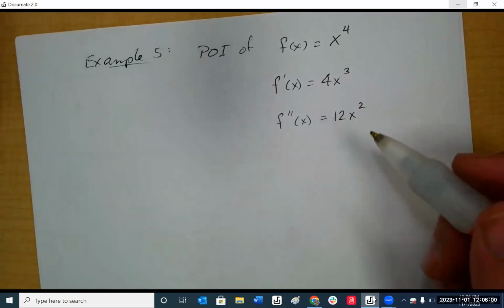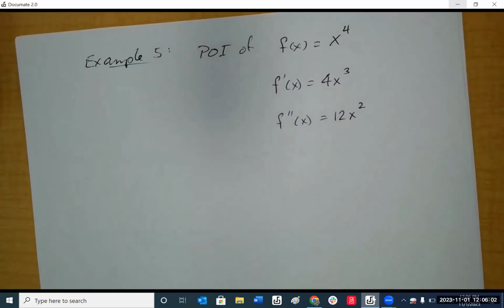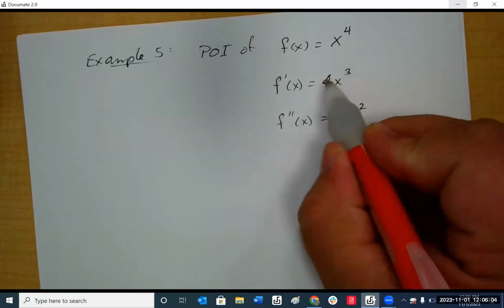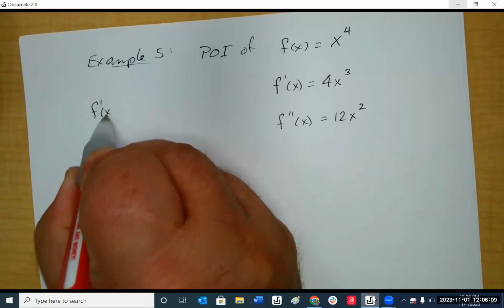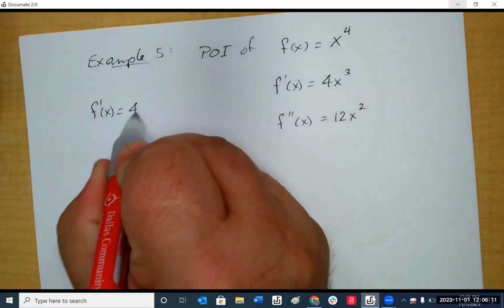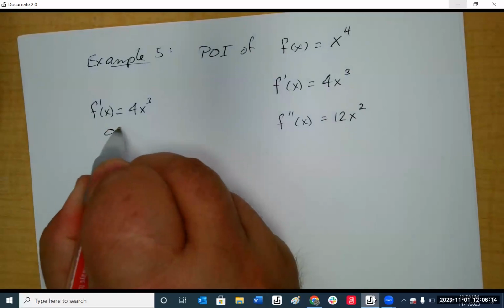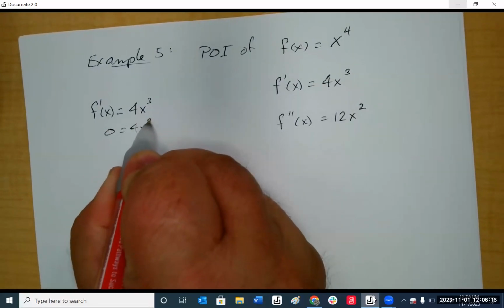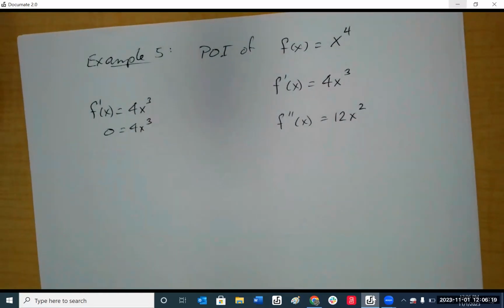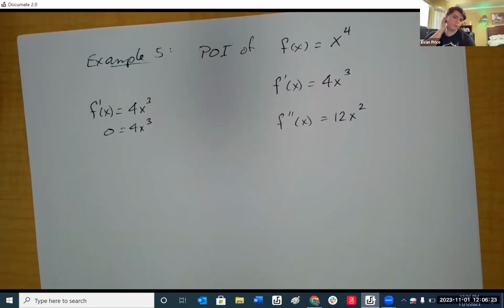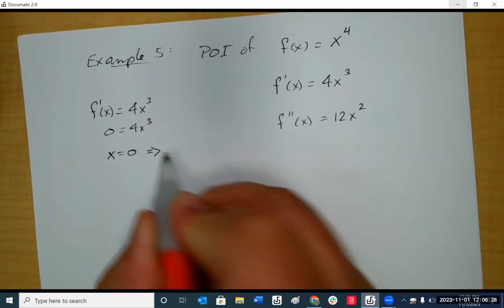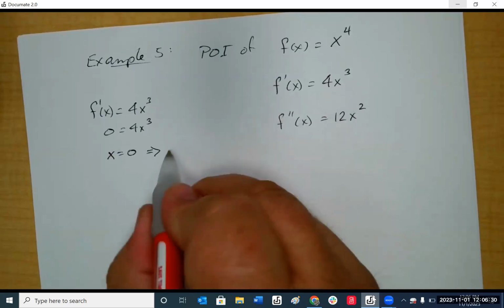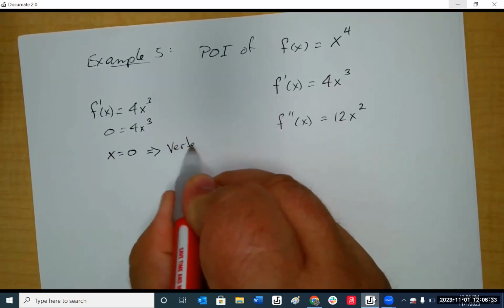Okay, so this is another interesting one. If we set the first derivative equal to 0, what does that tell us? That x equals 0. So what does that tell us? That's our vertex.